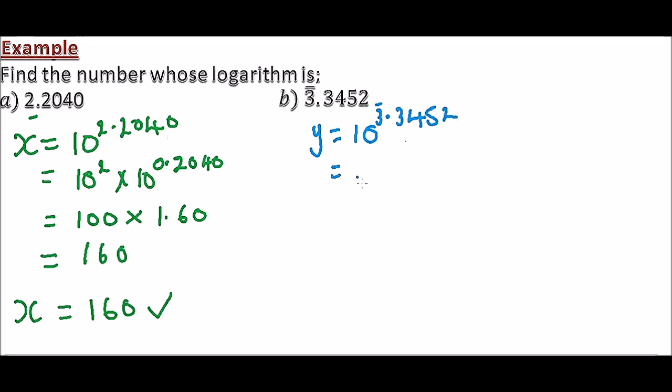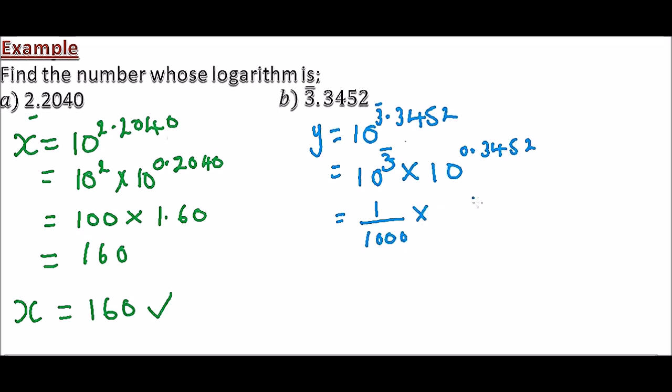We can separate this and write it as 10 to power bar 3 multiplied by 10 to power 0.3452. So 10 to power bar 3 is equivalent to 1 over 1,000.